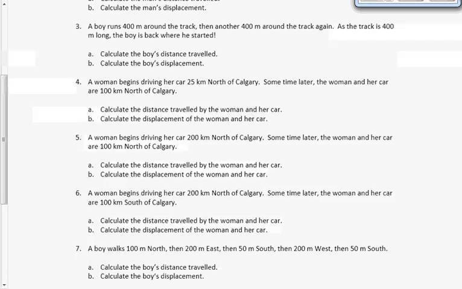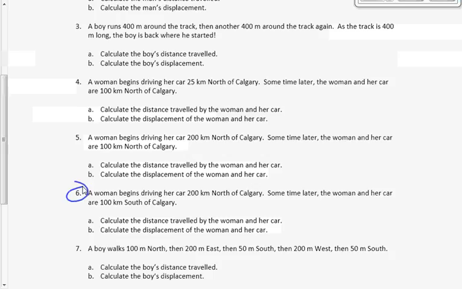All right, let's take a look at one of these questions for a little more help if you're in the middle of working on these. Question number 6. A woman begins driving her car 200 kilometers north of Calgary. Sometime later, the woman and her car are 100 kilometers south of Calgary. What's the distance traveled by the woman in her car, and what's the displacement? What are we given here?